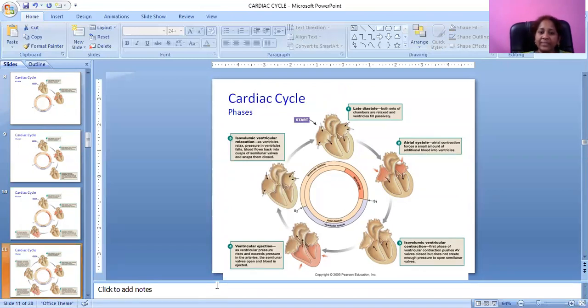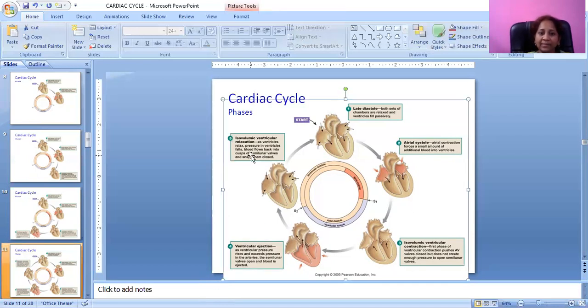When the ventricular pressure rises and exceeds the pressure in the arteries, that will pump the blood into the arteries. So that will open up the semilunar valves.